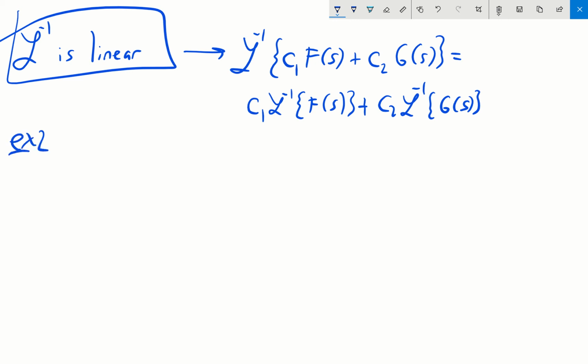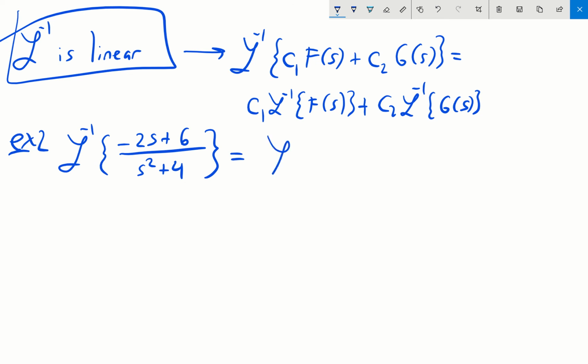Let's find the inverse Laplace transform of negative 2s plus 6 all divided by s squared plus 4. What we can actually do is split apart the numerator. We're allowed to do that.